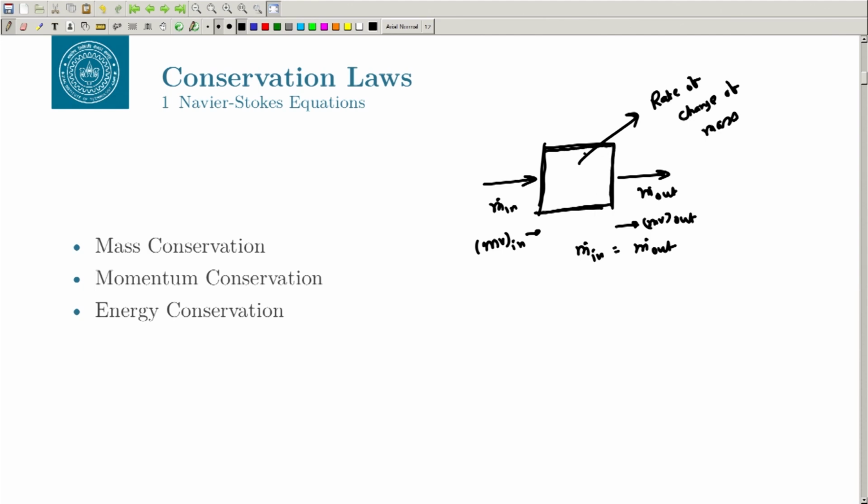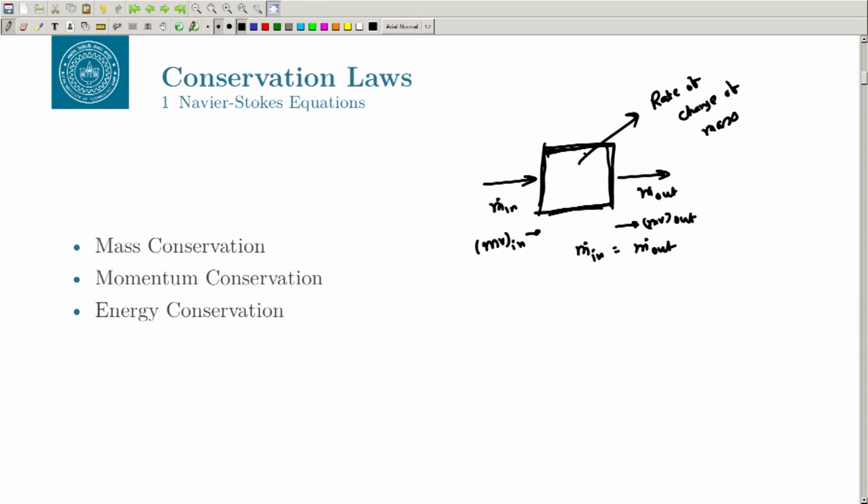But borrowing the idea that we have for derivation of any conservation equation, if this is a boundary and this is the volume, from the boundaries the fluxes can get in and then get out, and then you can have some source term, some forces which are acting on the body. You have to balance all these to make sure that whatever the change is happening in any quantity, whether it is mass or momentum or energy, is taken care of by the forces supplied.